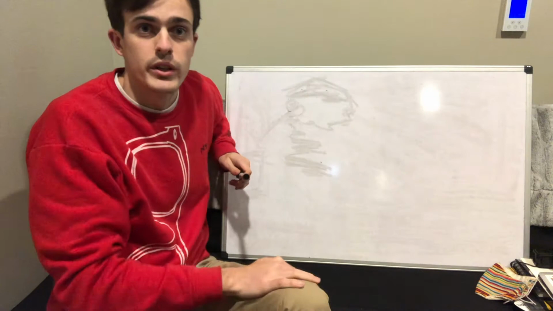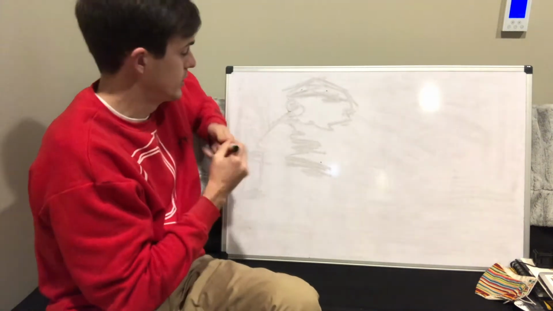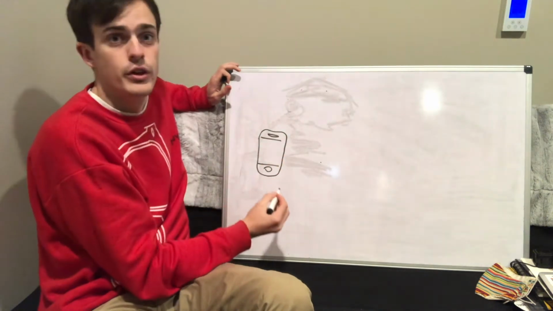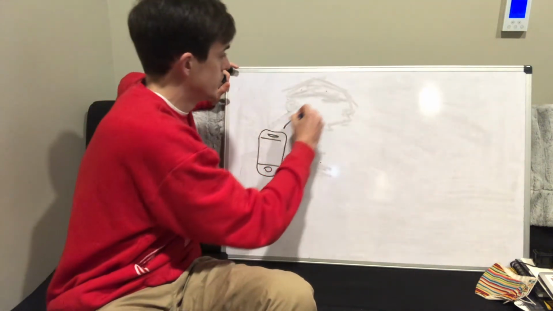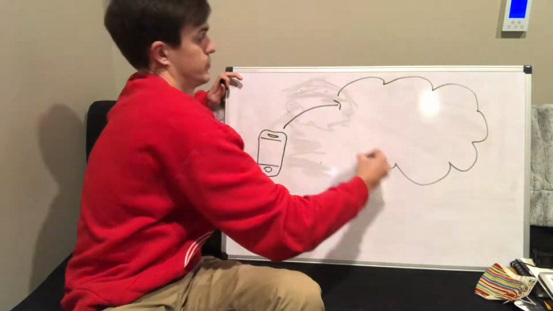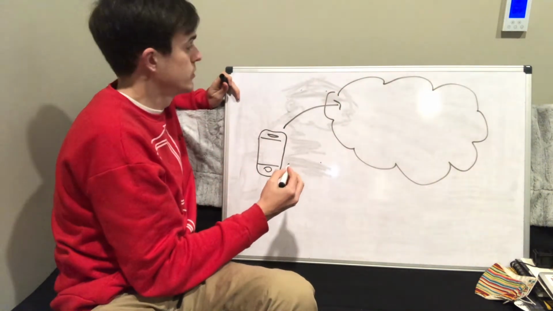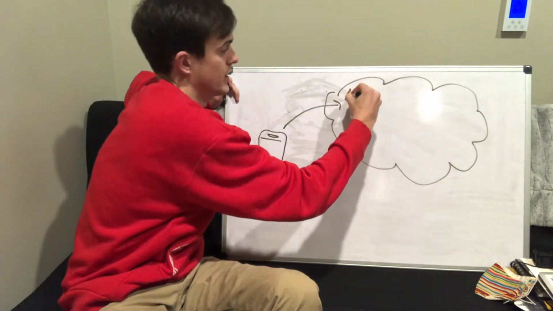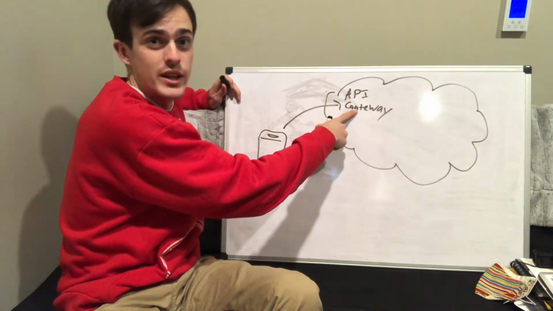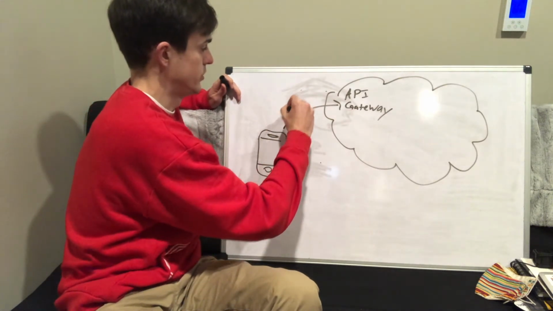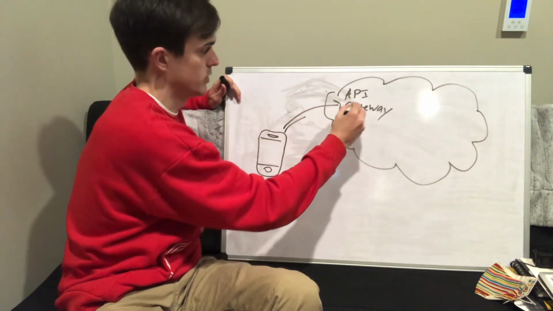Okay, so last week what I talked about was how we get your metrics from the phone into the cloud. The way that worked was we had an API gateway, which makes an HTTP endpoint for you to send data to. So this is the data going to the cloud.